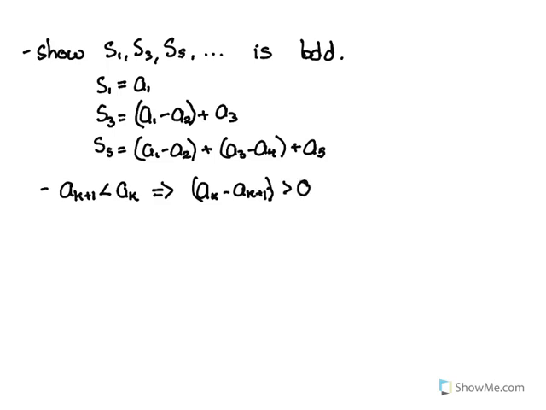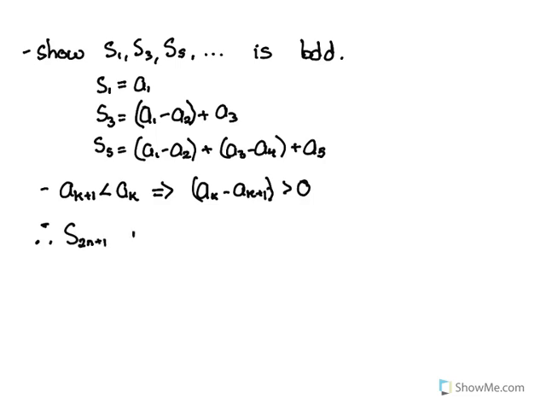Is greater than 0. So these odd partial sums are bounded below by 0 because we're adding a bunch of positive terms, right? The part in the brackets is positive, and the last term is positive because a_k is a positive series.